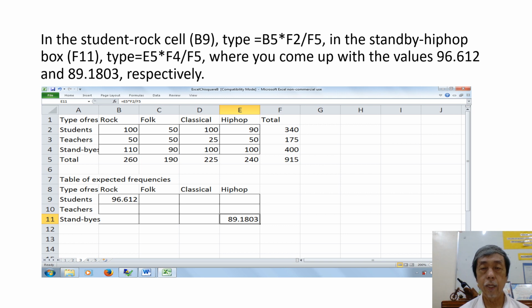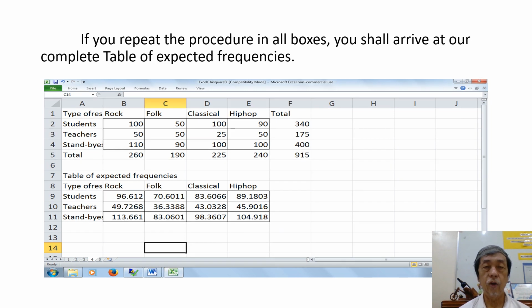In the standby hip hop box, or F11, type equals E5 asterisk F4 slash F5, where you come up with the values 96.612 and 89.1803 respectively. If you repeat the procedure in all boxes, you shall arrive at our complete table of expected frequencies.